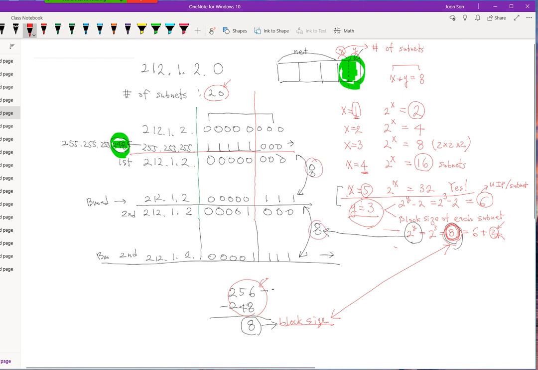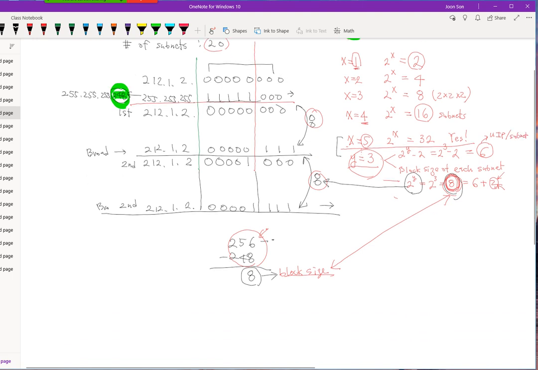That means the subnet address, if you look at the valid subnet addresses, is a multiple of 8.